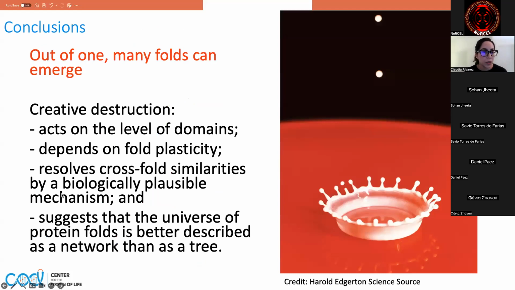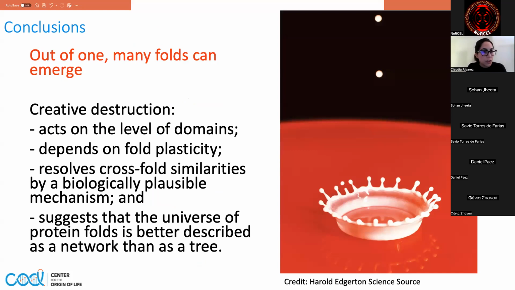So this is the conclusion for our model on creative destruction. And what I would say is that once we have a protein folding domain, then through divergence and very simple mechanisms, many folds can emerge.